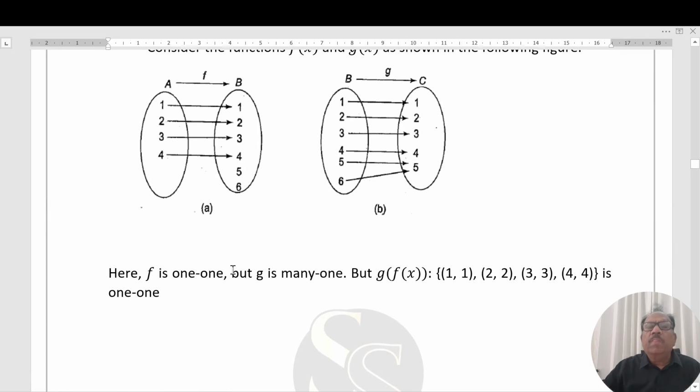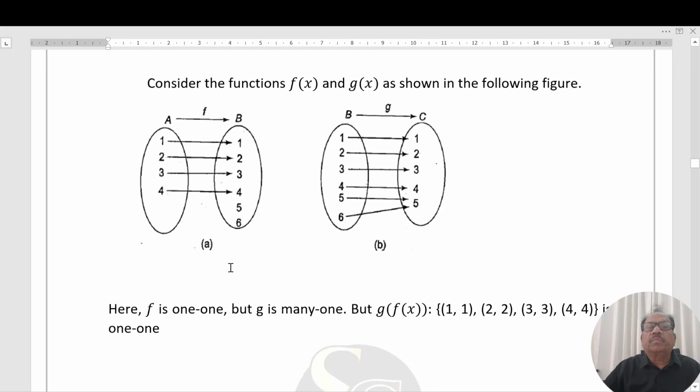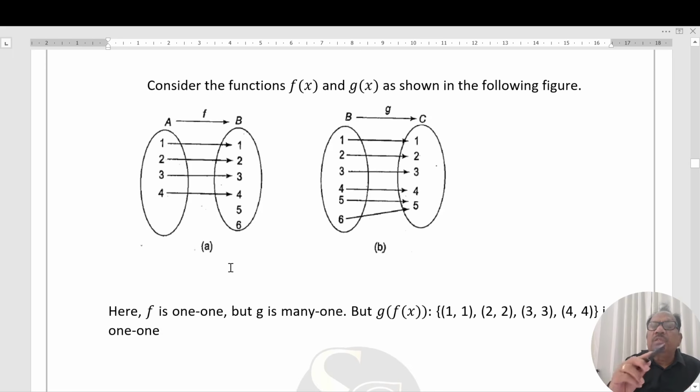Here is given, consider the function f(x) and g(x). This function is 1-1 and onto.